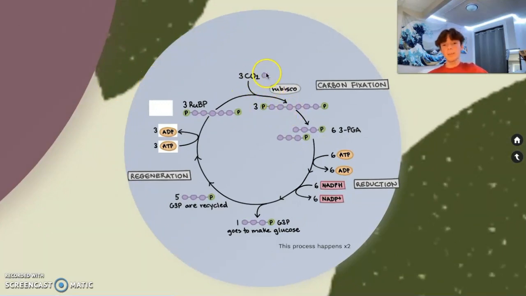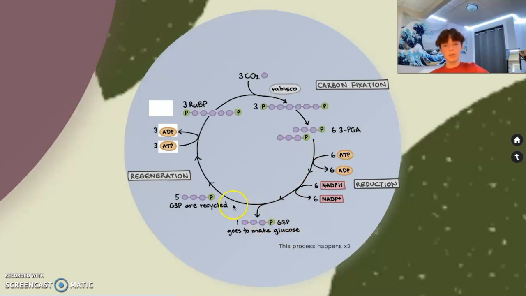3 carbon dioxide is catalyzed by Rubisco with 3 RuBP to form an intermediate molecule which instantly breaks down into 3 PGAs. Now, this uses ATP, which is then reduced back to its uncharged form of ADP, and then is reduced by NADPH to make molecules of G3P.